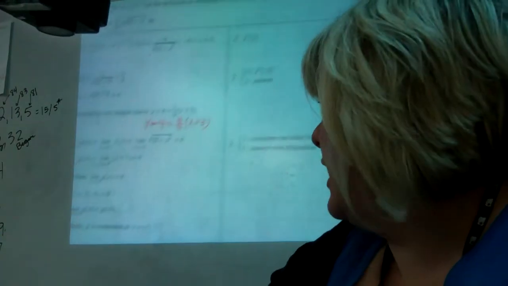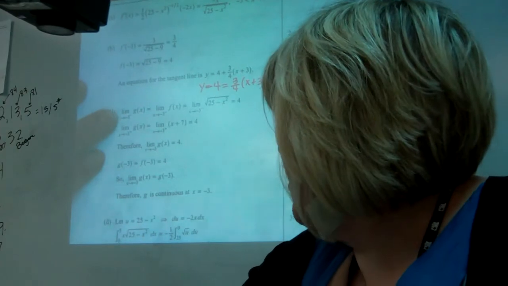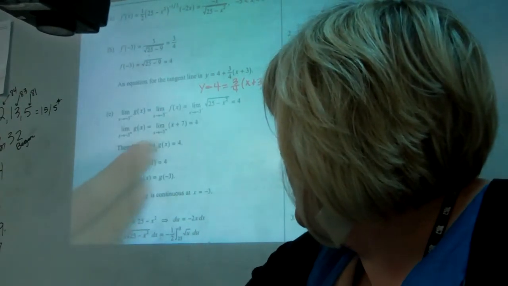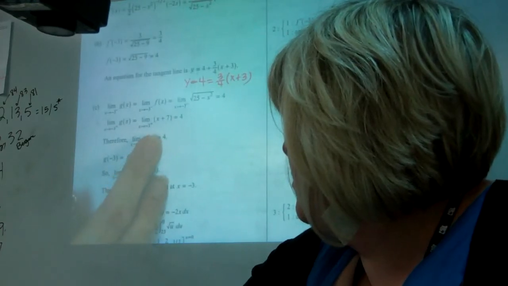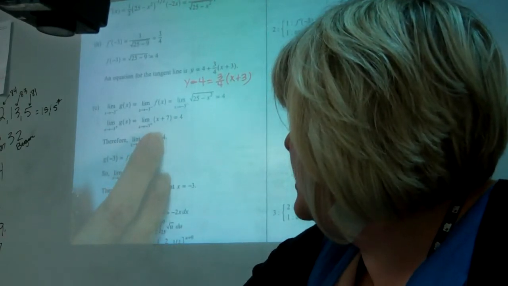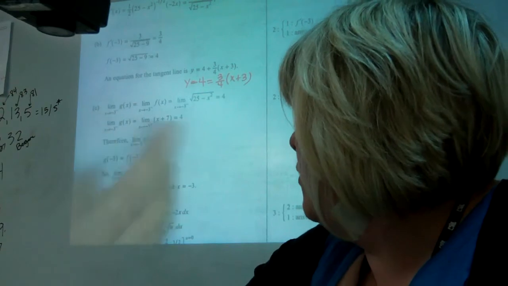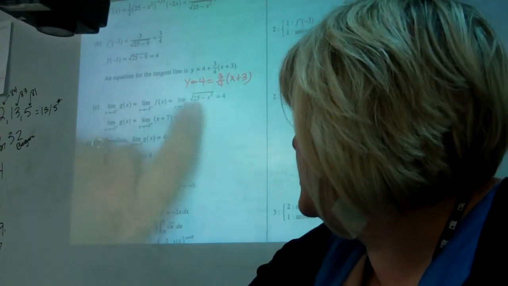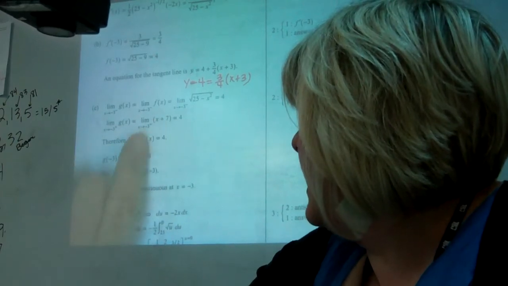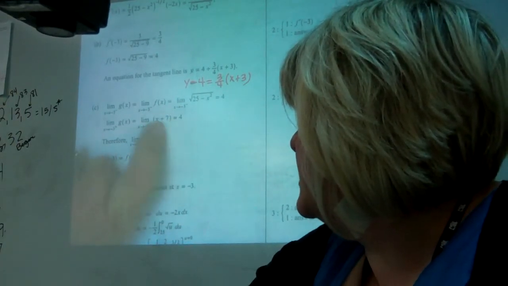Even if you don't use all of this technical writing, this is basically just saying we plug -3 into the left-hand piece, which is this one, and we get 4. We plug -3 into the right-hand piece, which is this one, and we get 4.